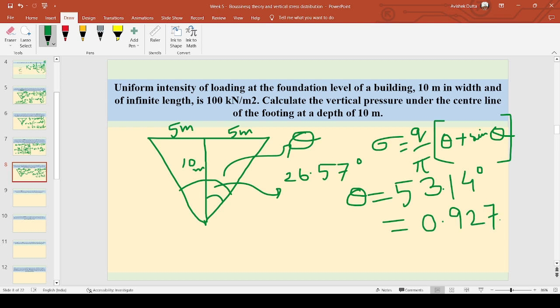So if we put everything in the formula, sine theta, that is sine 53.14 plus 0.927 over here, that is theta, multiplied by the q, which is 100, and then divided by the value of pi, we will be getting a value of sigma of around 54.97.